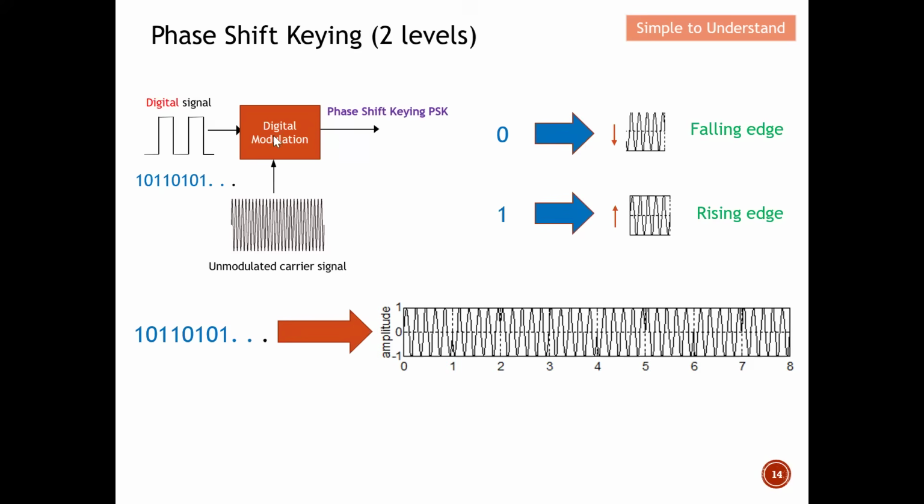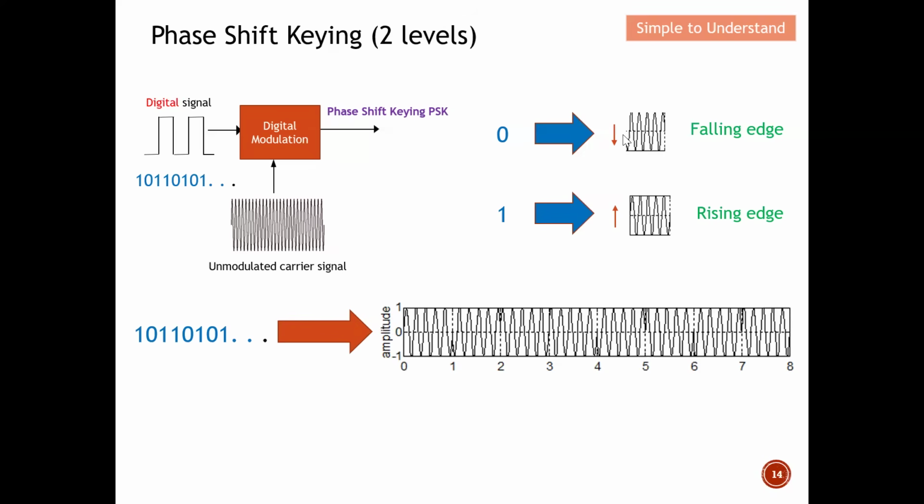For digital modulation, the signal needs to be in digital form. For this binary, I can have a falling edge or a rising edge. From the start time here, if the signal starts to fall, then I know that this is message 0. When the signal starts to rise, I will know that this is message 1.